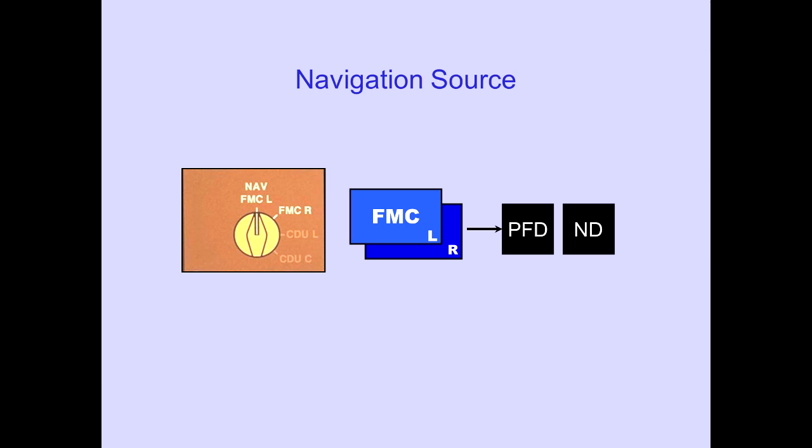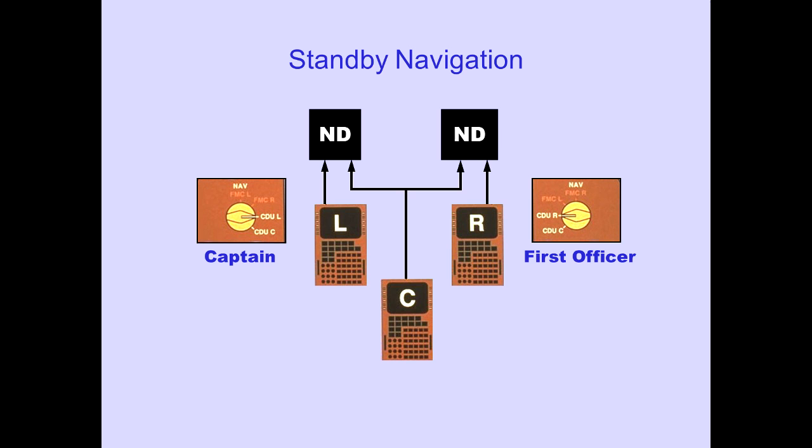The navigation source selector is used to select the flight management computer source for navigation information. The left or right FMC can be selected. The CDU positions of the navigation source selectors are used to select the FMS CDU for standby navigation.